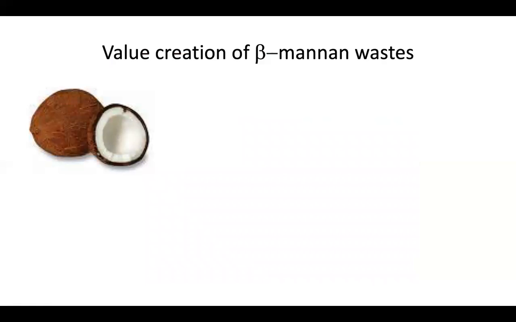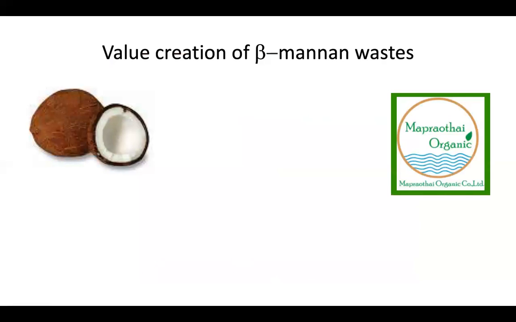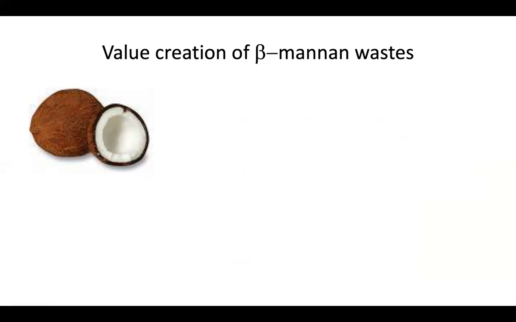Now, let me show you the first example of using enzyme, and this is the enzyme mannanase. All right, so the second material that we use in the laboratory, in addition to chitin, is mannan.